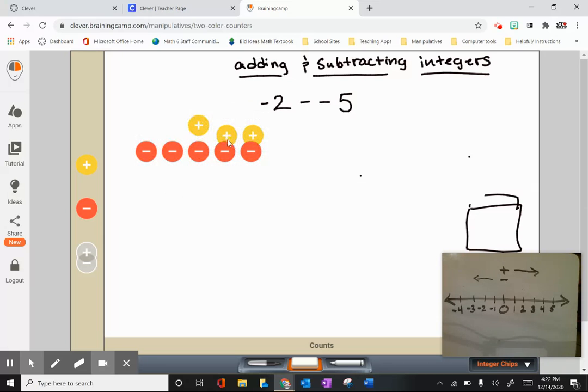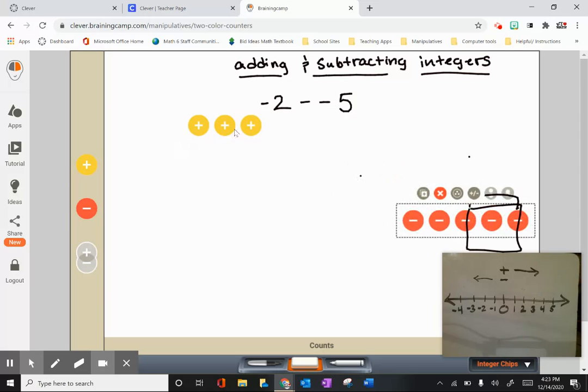These 5 negatives I can take away and throw them away, which leaves me with 3 positives. So with the counters, it's telling me that -2 minus -5 is +3.